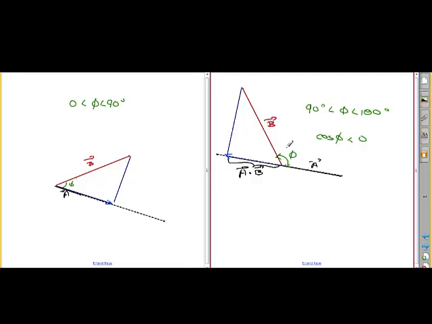Likewise over here, if this angle is 130 degrees, I could also say the angle between the red and the black vectors is 230, 360 minus 130. But we always use a value that's between 0 and 180 degrees, and that makes sure the sign of the dot product is appropriate.